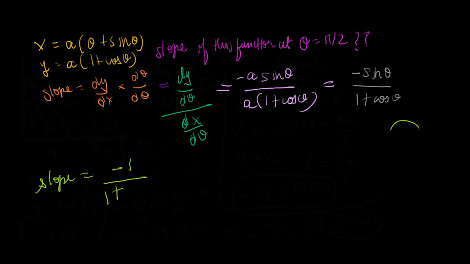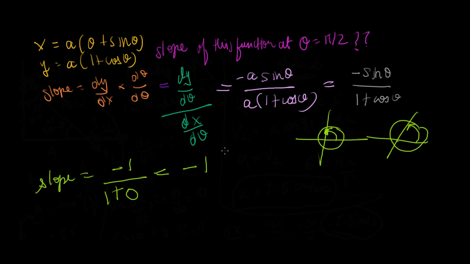If you view the unit circle, when you go to pi by 2, the x coordinate of the point where you are is 0, so the cosine of that point is 0. So this is nothing but minus 1. There you go, that is our answer.